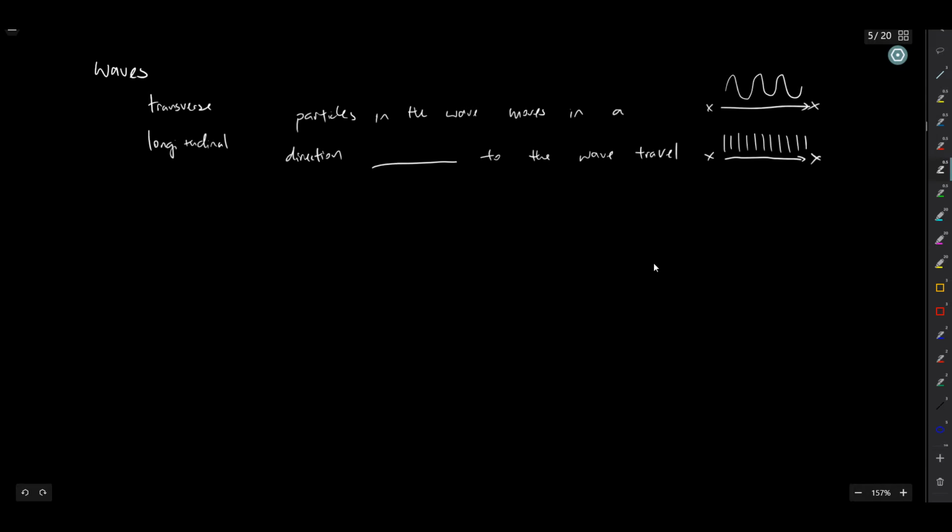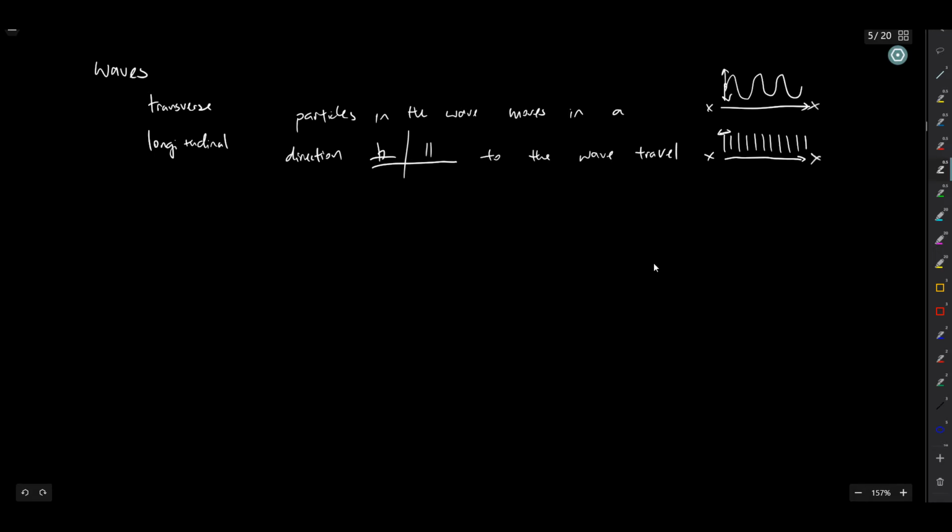So the particles will move left and right, whereas here, the particles go up and down. I think you all should know the answer to this, so I won't go through it.